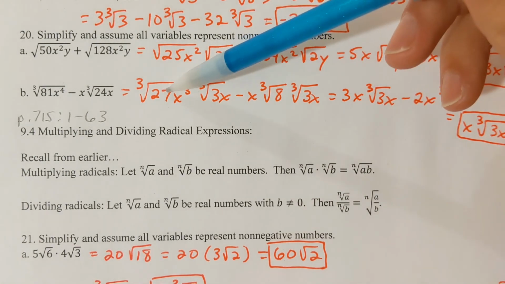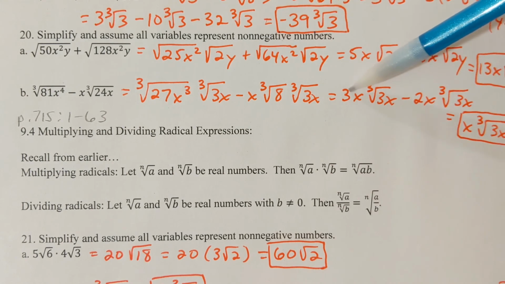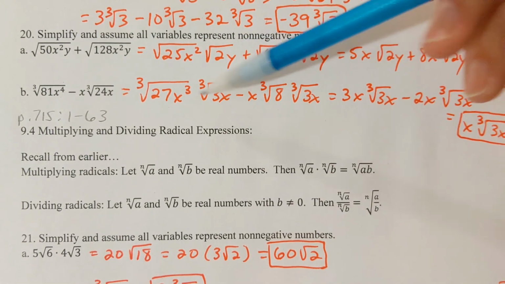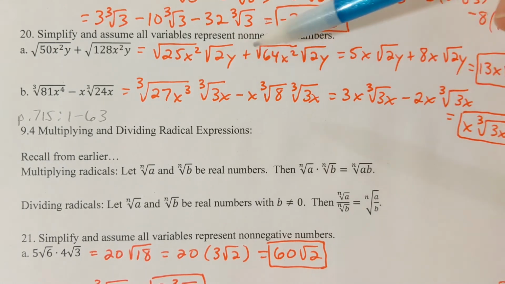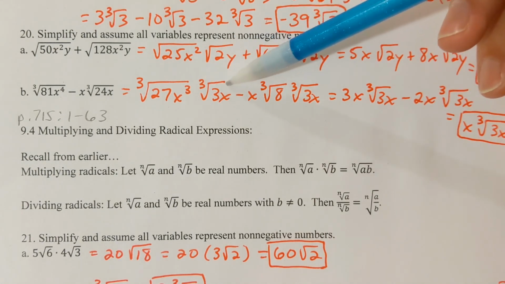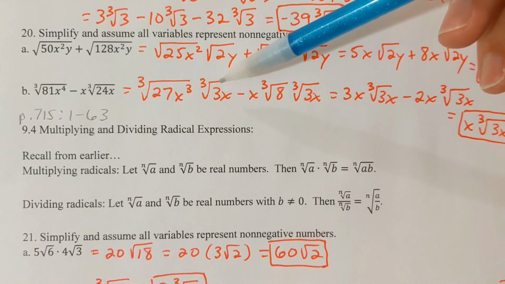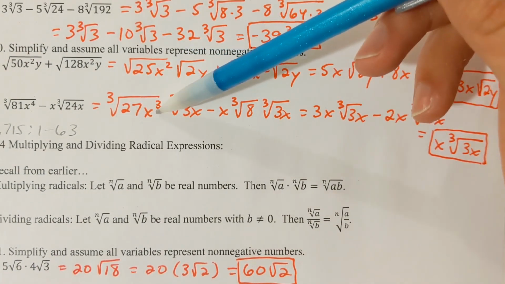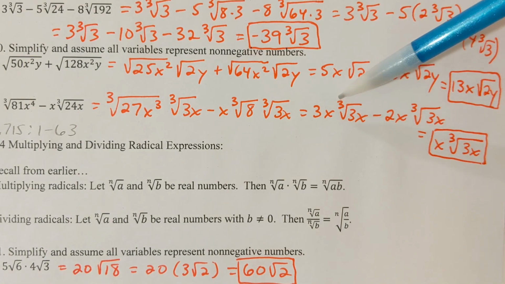And I know the cube root of 27 is 3. X to the 4th, that's the same as x cubed times x, and I know the cube root of x cubed is x. The cube root of 3x, that'd be the leftover there. Okay, and the cube root of 27x cubed, that'd be 3x.